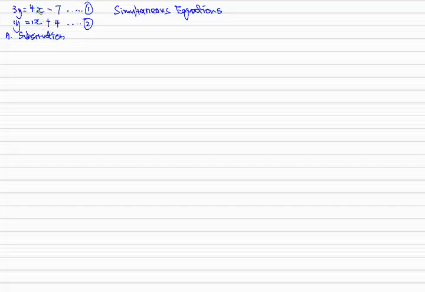How do you know whether to use substitution or elimination? Look at the first equation, the term 3y, and also 4x. Now look at the coefficient of y, which is 3, and the coefficient of x, which is 4.